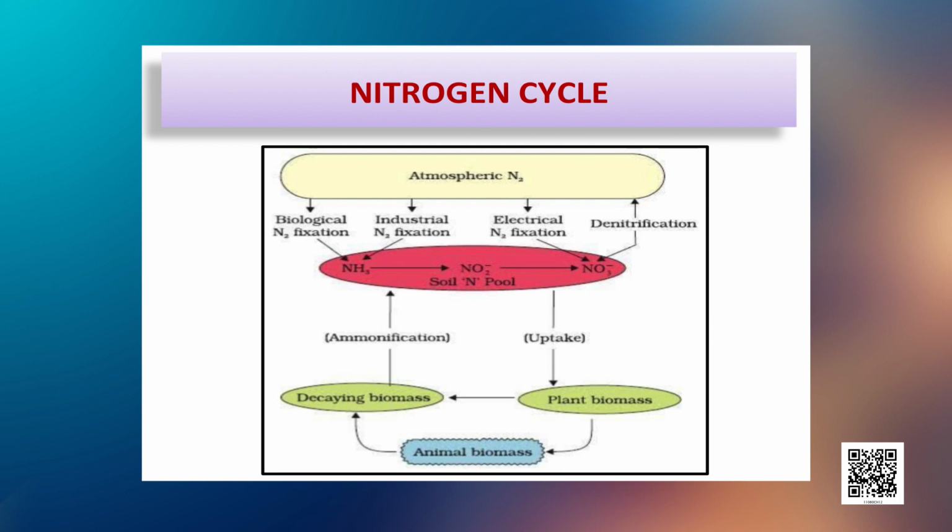Nitrite ion is converted into nitrate ion by nitrobacter bacteria. These nitrifying bacteria are chemoautotrophs as they prepare their food by utilizing the energy released during the chemical reaction catalyzed by them. They are not dependent upon the solar energy to prepare their food. These steps are called nitrification.